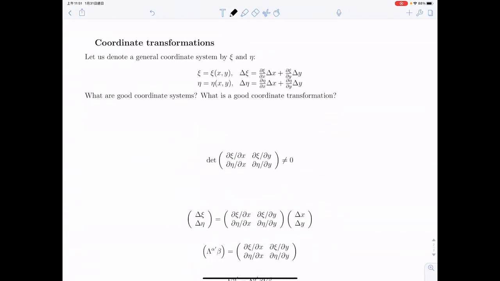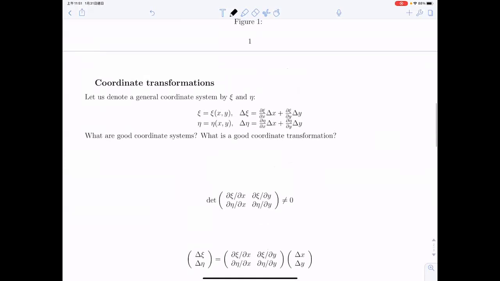That's to define a general coordinate system by xi and eta. We can write that eta is a function of x and y, and xi is also a function of x and y.